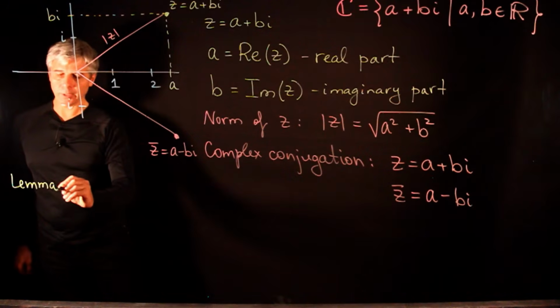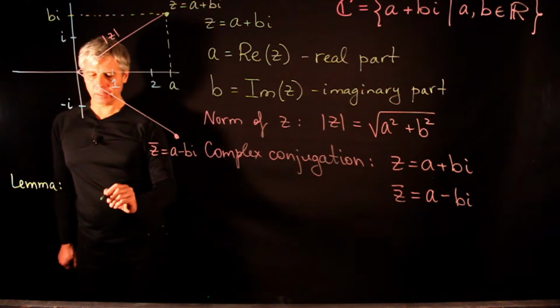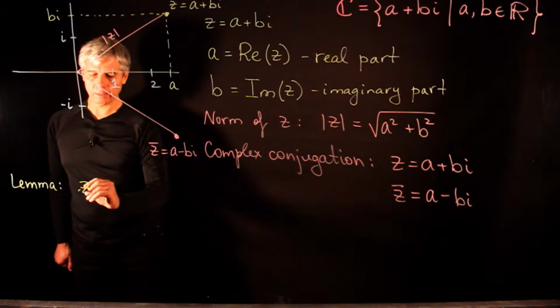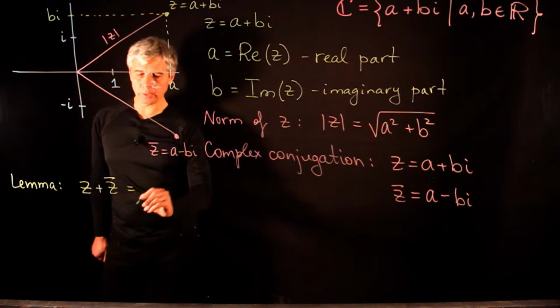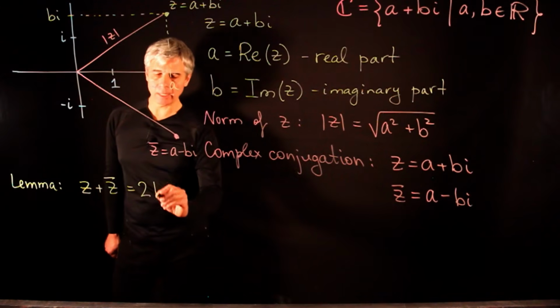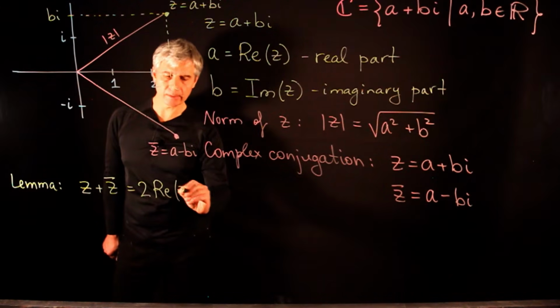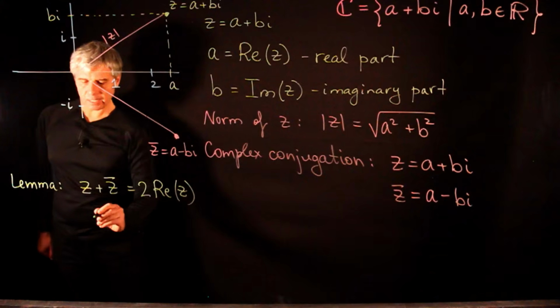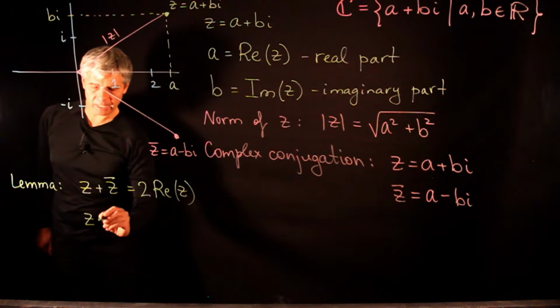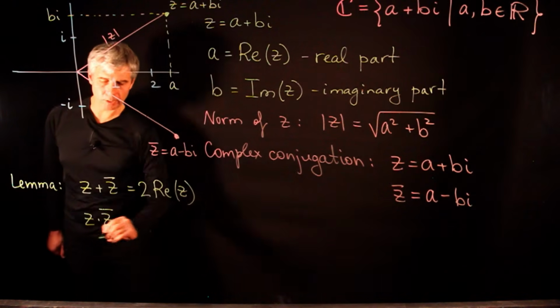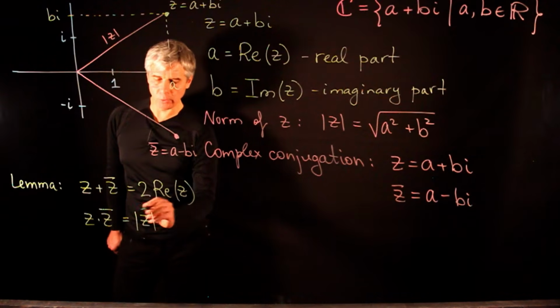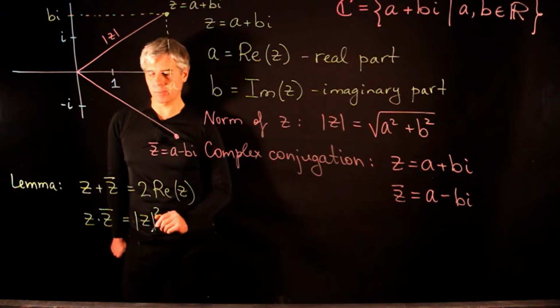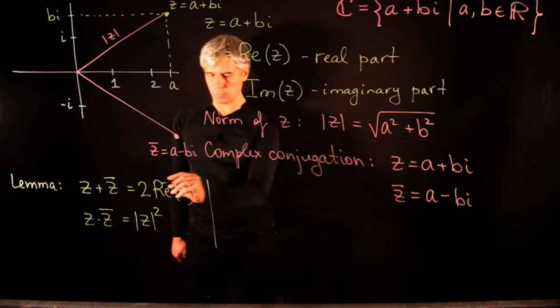Here we have the following lemma: z plus z bar is equal to 2 times the real part of z. And the second property is that the product of z with its complex conjugate is equal to the complex norm of z squared. Let us prove these properties.